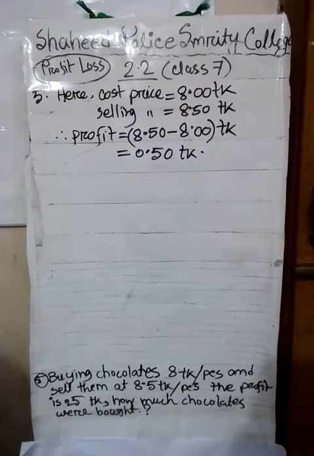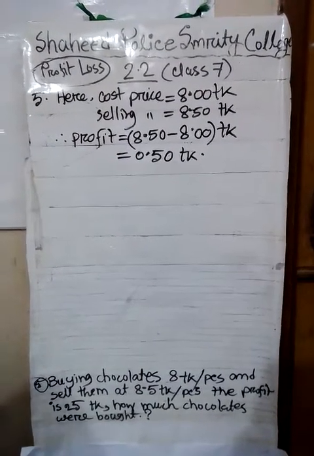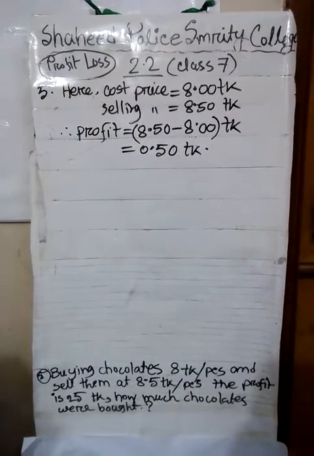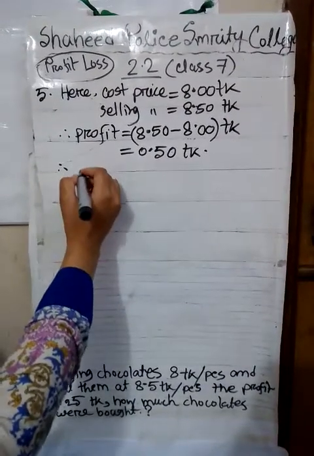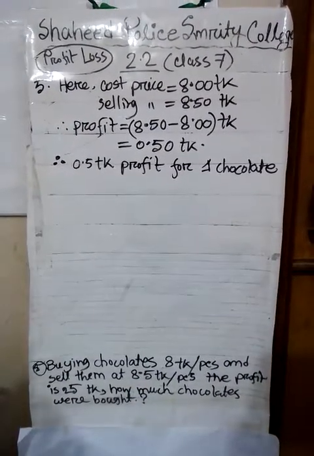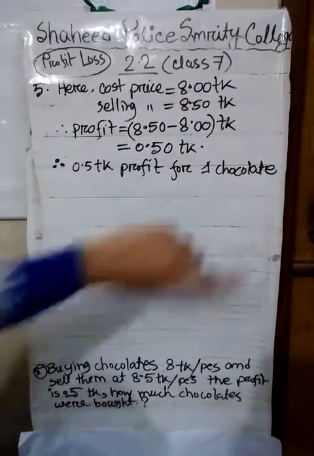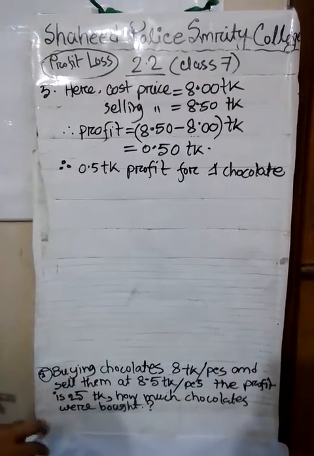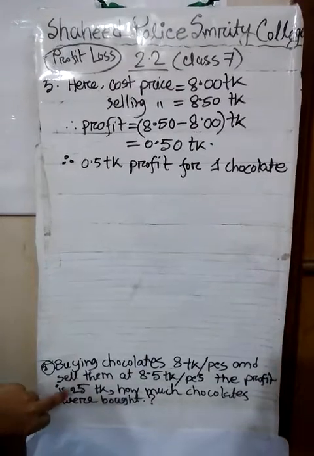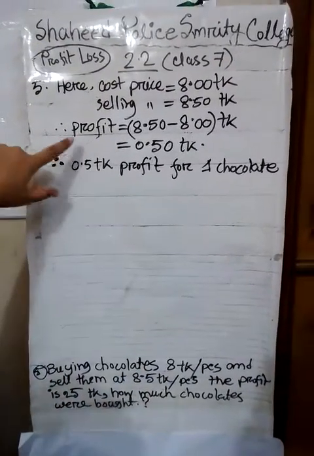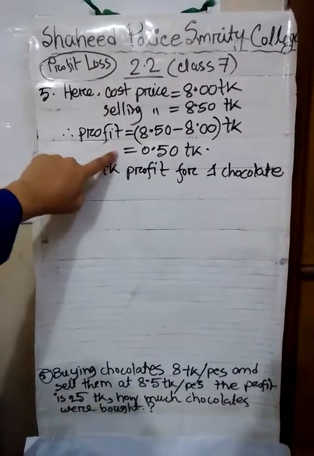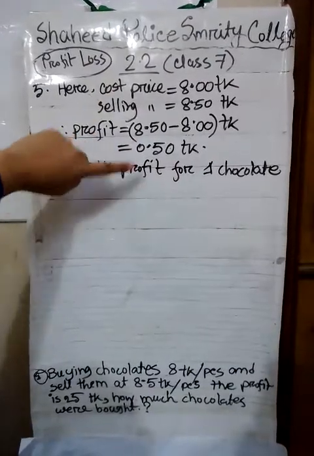Now we have to write how many chocolates there were. 0.5 taka was the profit for one chocolate, and 25 taka was the total profit, and this profit was for per piece.